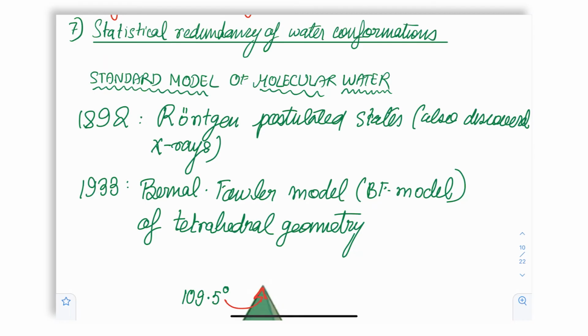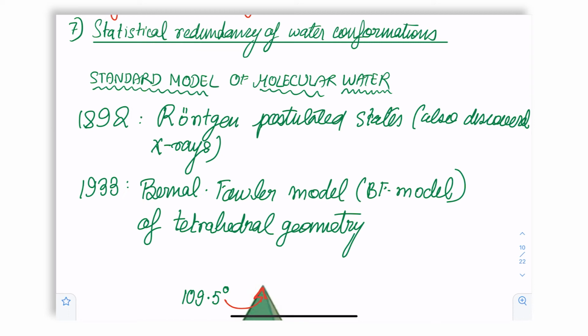So let's see what that gives us. It turns out that the standard model of molecular water was proposed in 1892 initially by some very simple ideas about multiple states by Röntgen. Röntgen was the German scientist who also discovered X-rays.